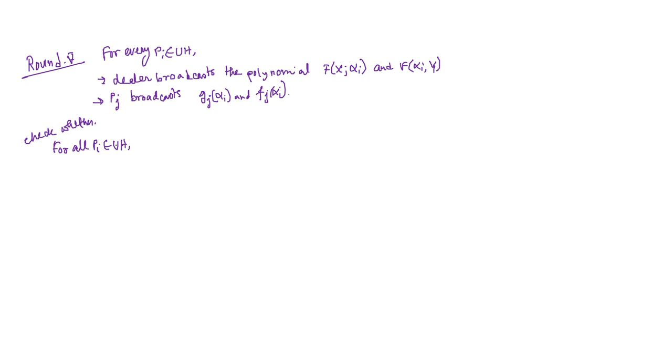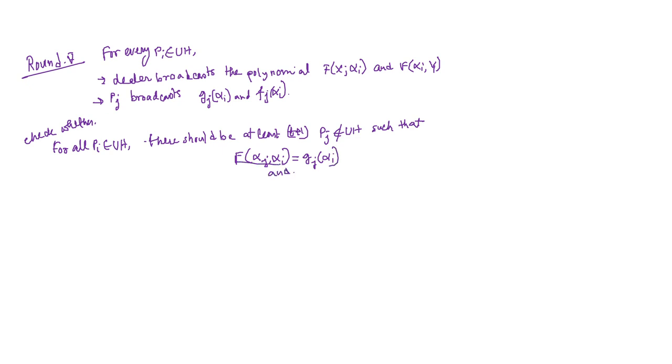So there should be at least t plus 1 Pj that are not unhappy, that are happy, such that the newly broadcast values are equal to the values computed from the dealer's polynomial f of x, alpha I broadcast in round 5, and f of alpha I, alpha j.